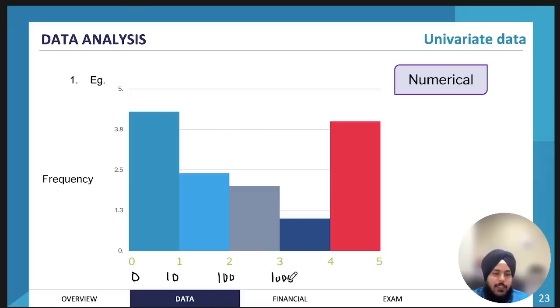So the pattern here is 3 just represents 10 to the power of 3. 4 represents 10 to the power of 4. 5 represents 10 to the power of 5, and so on and so forth. So this will be 10,000, that's the actual value. We've just used 1, 2, 3, 4, 5 to simplify this, and 100,000, so that we can have them all on the same scale.